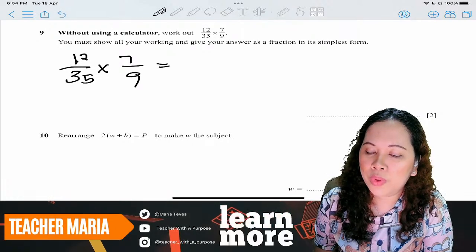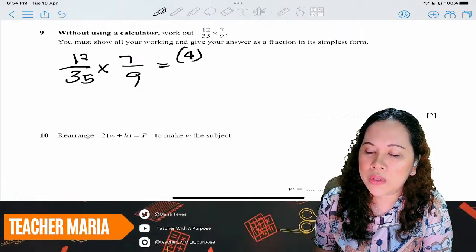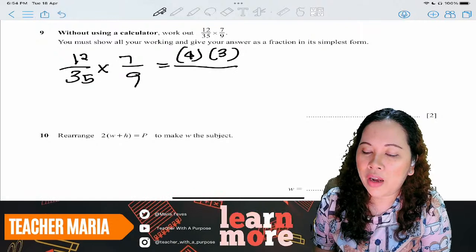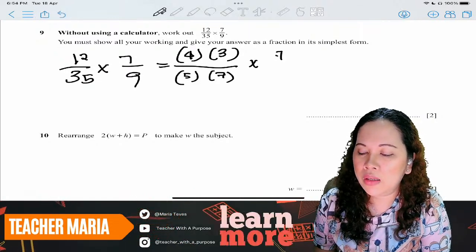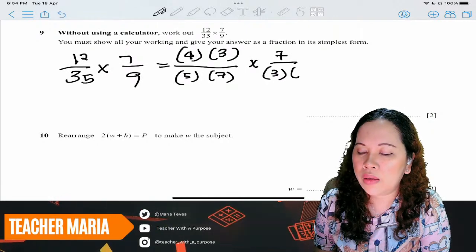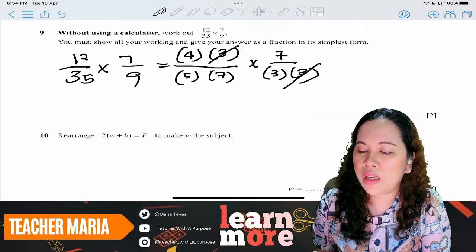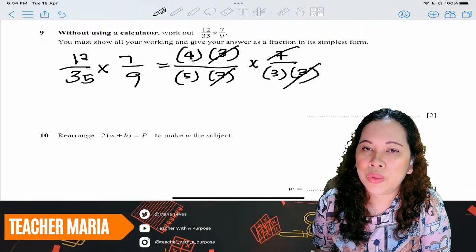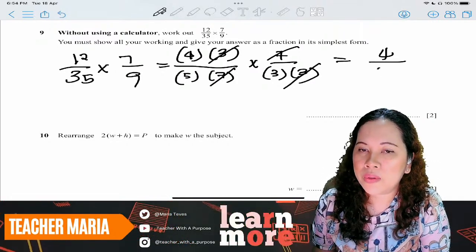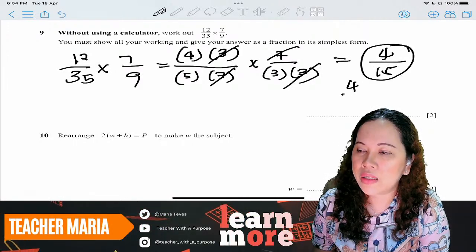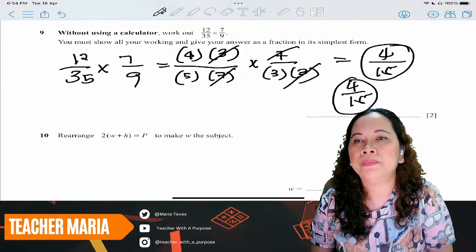So 12 will be 4 times 3. 35 will be 5 times 7, times 7 over 3 times 3. So just cancel 3, cancel 7. Then you will have 4 times 1, that's 4, over 5 times 3, that's 15. Therefore, the answer is 4 over 15.